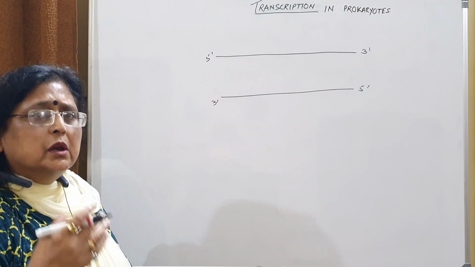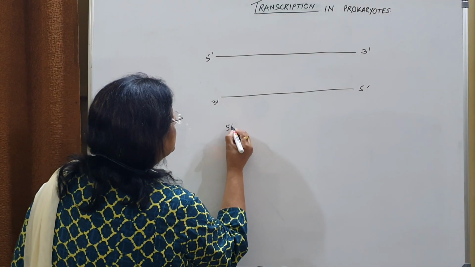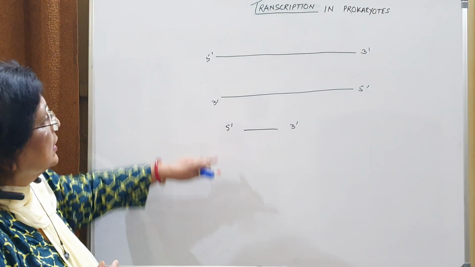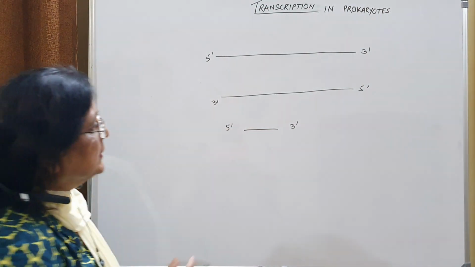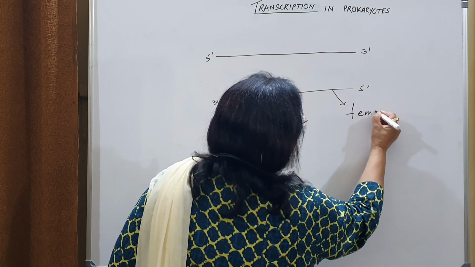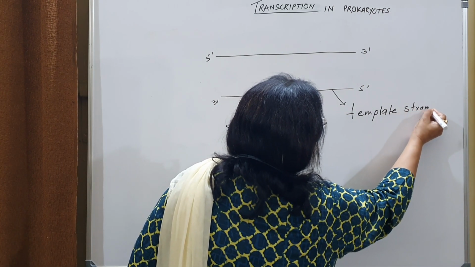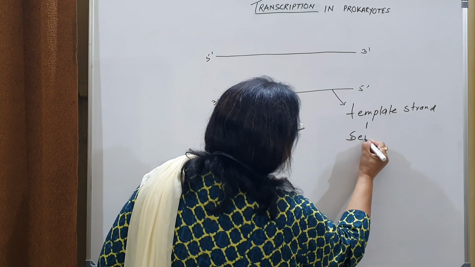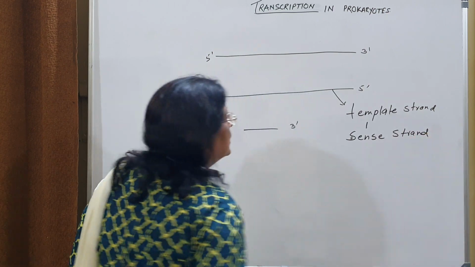As we all know, the nucleotides are produced in the direction of 5' to 3'. So, in that case, this lower strand will act as a template, and thus this strand will be known as the template strand or sense strand.